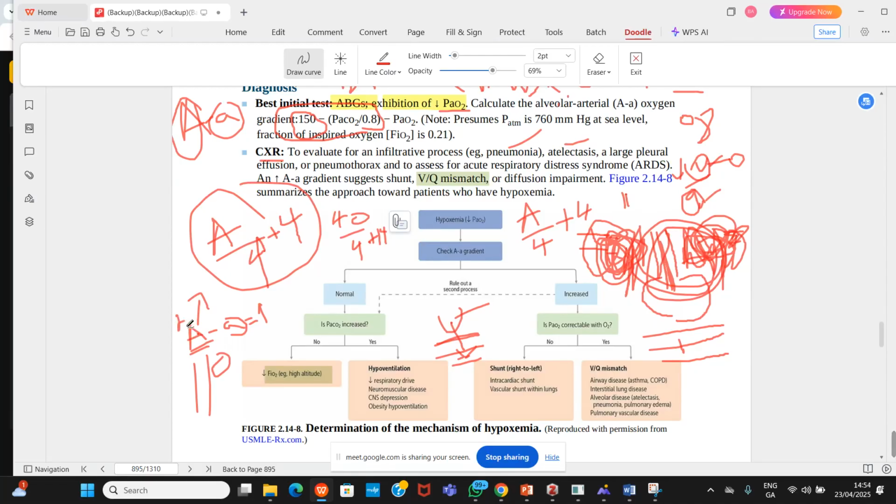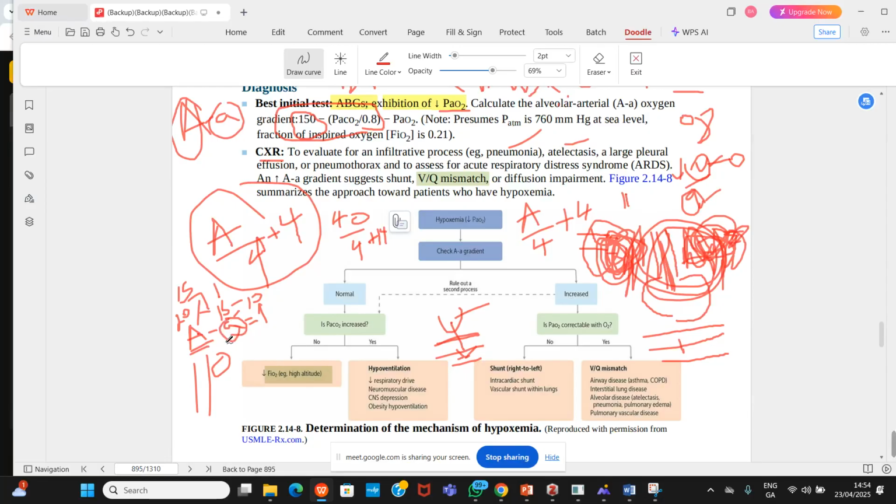Because if the normal value is like 20 for big A, and the value for small a is 10 millimeter of mercury, the difference is 10. So if there's a drop in big A by 5 and it drops to 15, that 5 decrease is also going to be translating to the small a, and it will drop by 5 too. So 15 minus 5 is still 10. So anything that affects big A will just cause a normal A-a gradient because both of them will be affected.